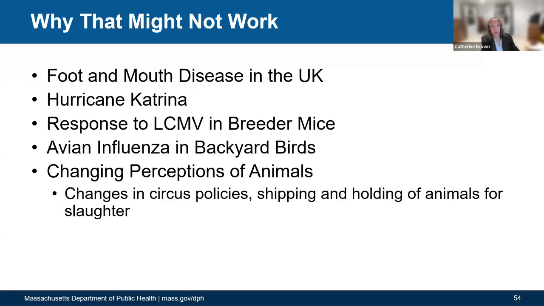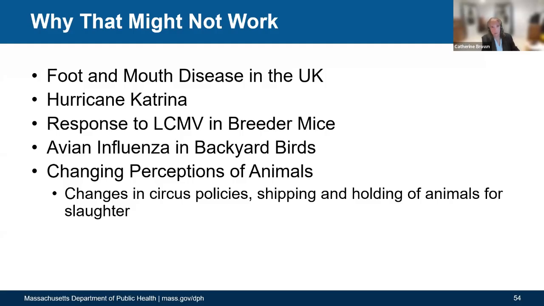There was a huge outbreak of foot and mouth disease in the United Kingdom in the early 2000s. This is a disease of cattle, and families lost all of their animals. They were all killed in an effort to eradicate the disease, and people and families lost their livelihoods.